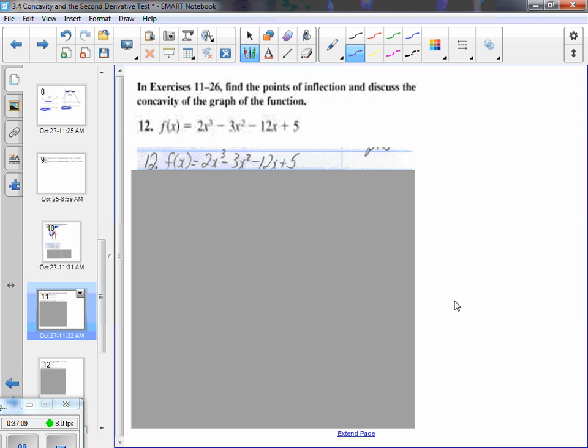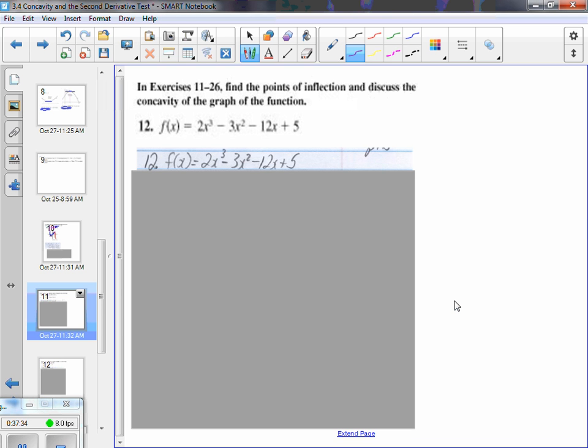All right, number 12. Find the points of inflection and discuss the concavity of the graph of the function. All right, so they give us a polynomial function, that's good. f of x equals 2x cubed minus 3x squared minus 12x plus 5.